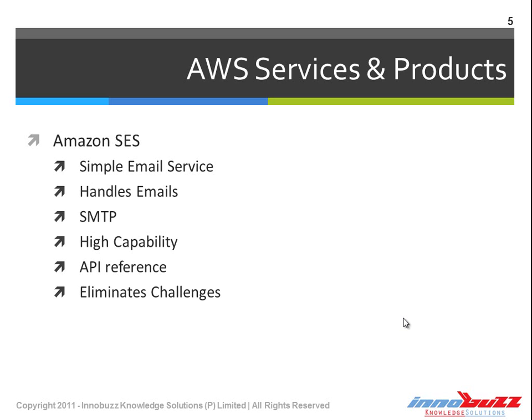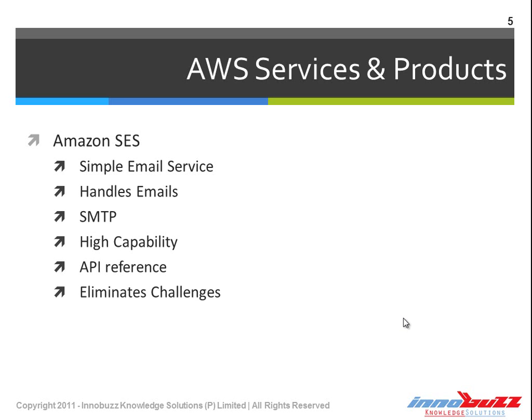And as usual, it also works with SMTP, and it has a high capability of sending millions of messages in 24 hours. It's capable of sending hundreds of mails in a minute, and in seconds it's capable of handling hundreds of mails. It can send as well as receive hundreds of mails in a second.